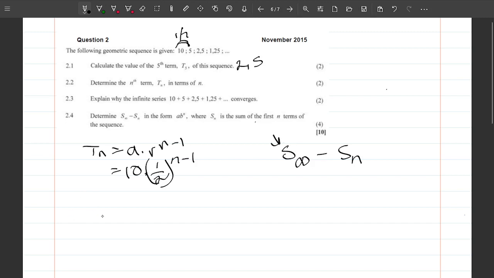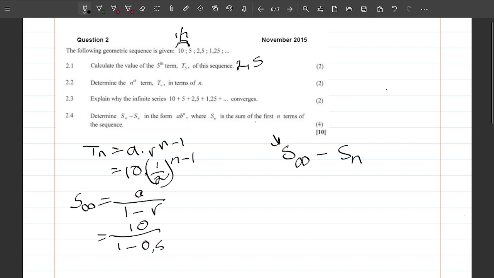In a geometric sequence, S to infinity is equal to a divided by 1 minus r. This is the sum to infinity. The first term, a, is 10, divided by 1 minus r, and r is the common ratio, which is 0.5.